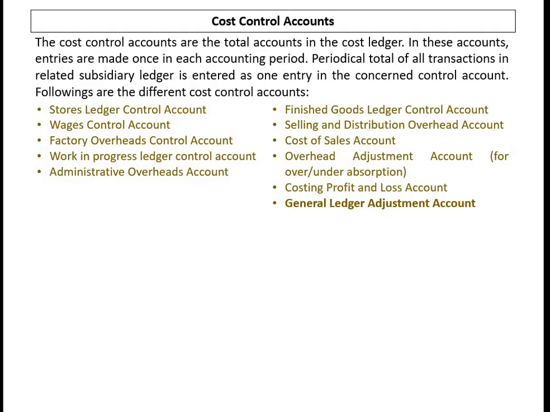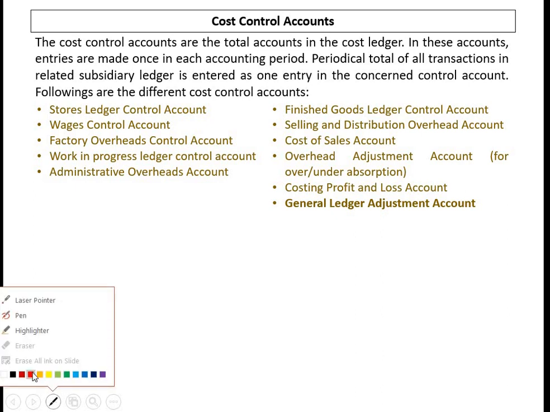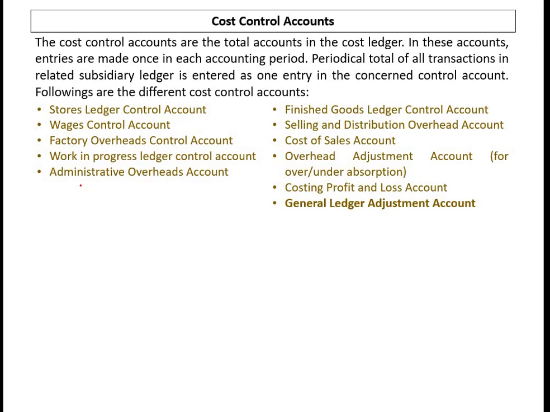So the closing balance will be transferred to the finished goods. I mean, whatever the goods you have produced here, after producing these goods, obviously you will shift it to the finished goods ledger control account. Then further, administrative overheads control account, obviously whatever the indirect expenses relating to administration, it is recorded here, and again ultimately it will be transferred to the finished goods ledger control account.